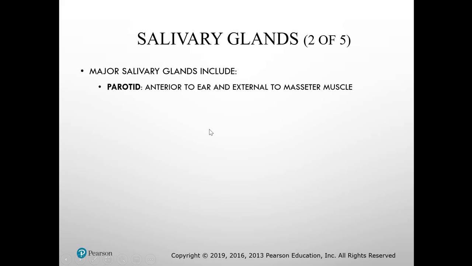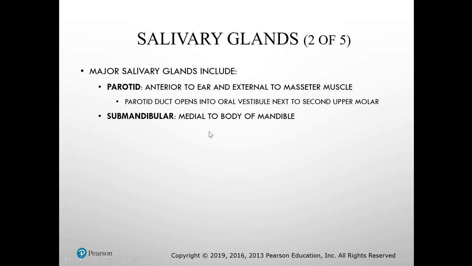The parotid gland is anterior to the ear and external to the masseter muscle. Your parotid duct opens into the oral vestibule, which is next to the second upper molar, and drains saliva into the mouth. Then you have the submandibular, which is medial to the body of the mandible.